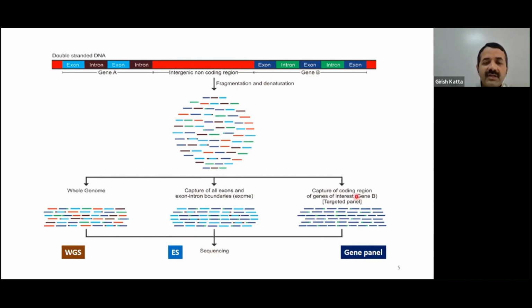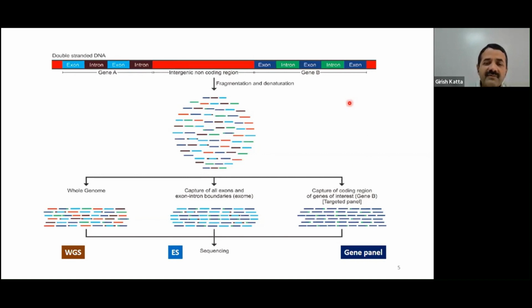If you capture only the coding region of a gene of interest, let us say you have B, then you sequence only the dark blue colored exons, then it is called a gene panel. Gene panels can contain more than one gene of interest, and each gene is sequenced very well in a gene panel, but only a few selected genes relevant to the phenotype are sequenced.